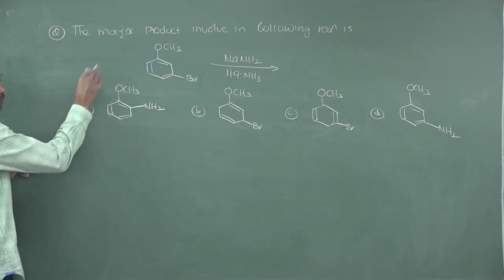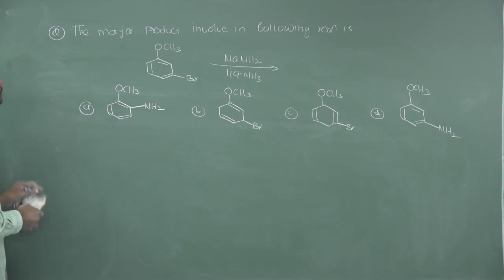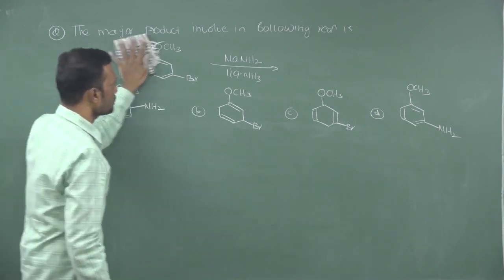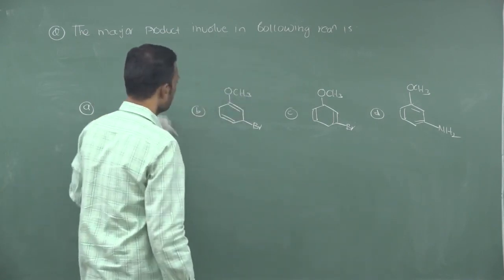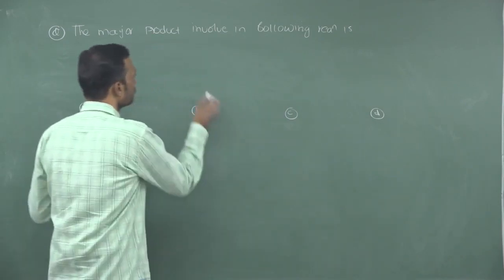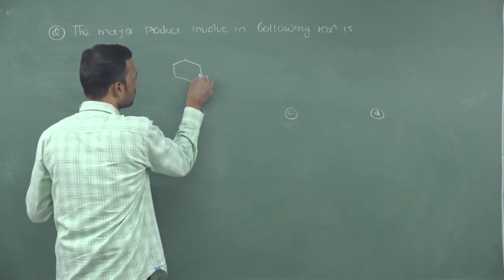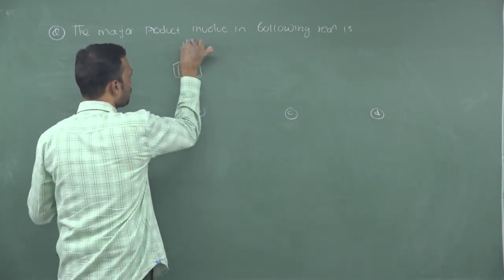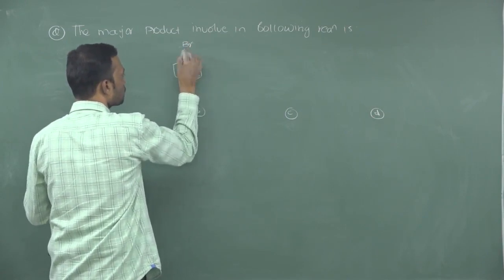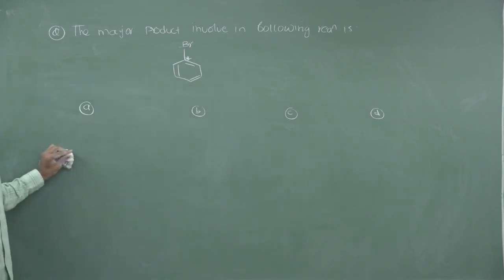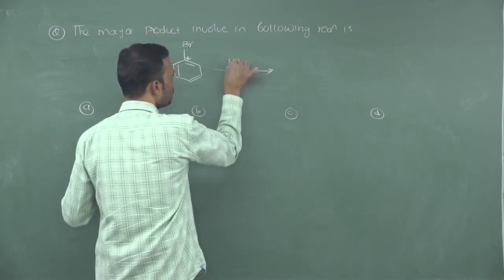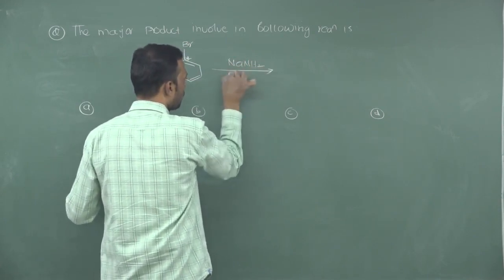All right, one more. The major product formed in the following reaction is, repeat same. This is bromine and this is an isotope. The major product formed in the following reaction is sodamide in liquid ammonia.